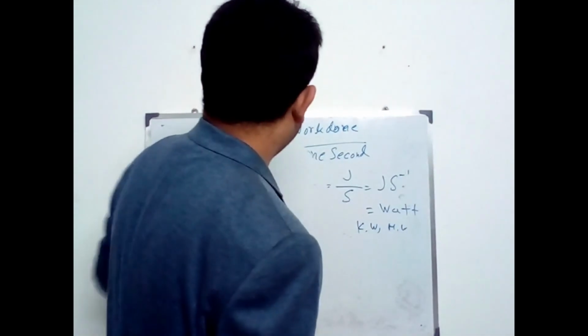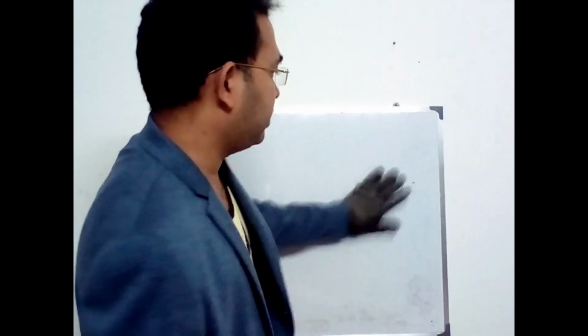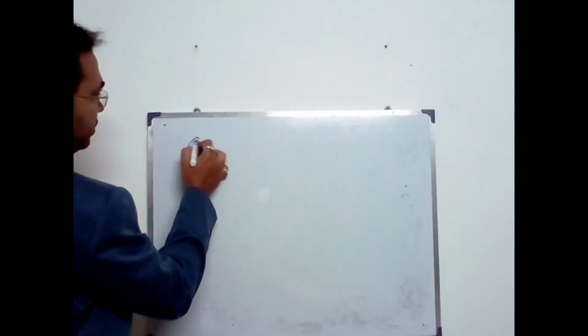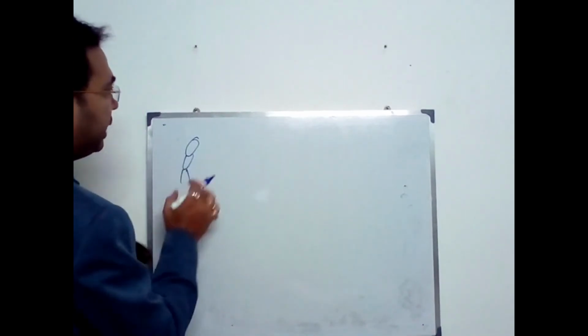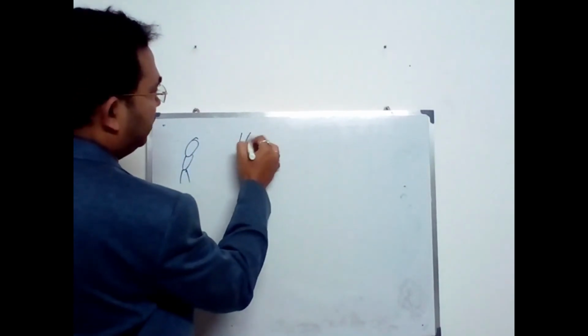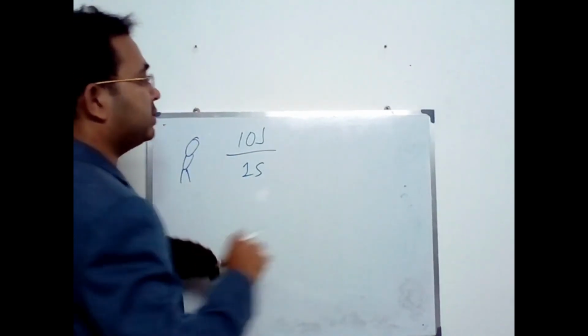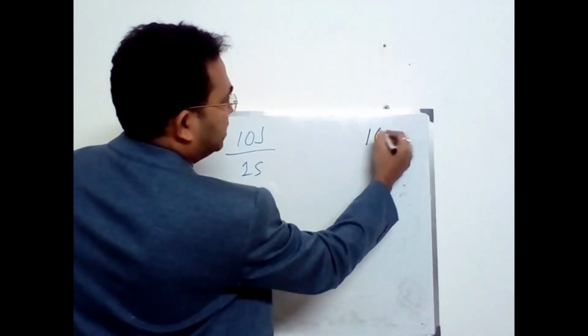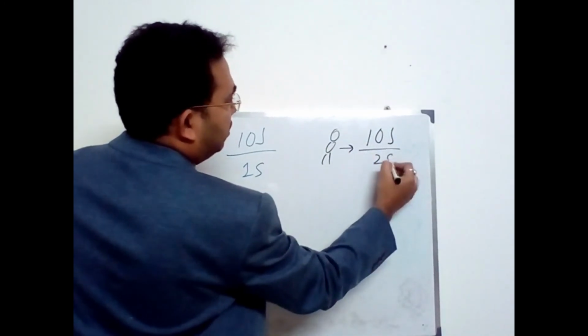Now let me give an example. Suppose this is a person, a man who can lift up a load of 10 joule in 1 second, and another person is lifting up the same load in 2 seconds.